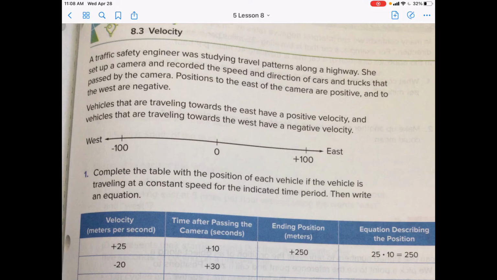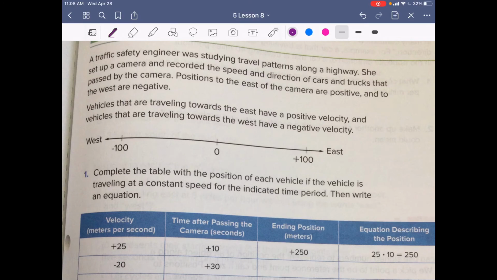Vehicles that are traveling towards the east have a positive velocity, and vehicles that are traveling towards the west have a negative velocity. So on this side, it's negative, and over here, it's positive. Our camera is at 0.